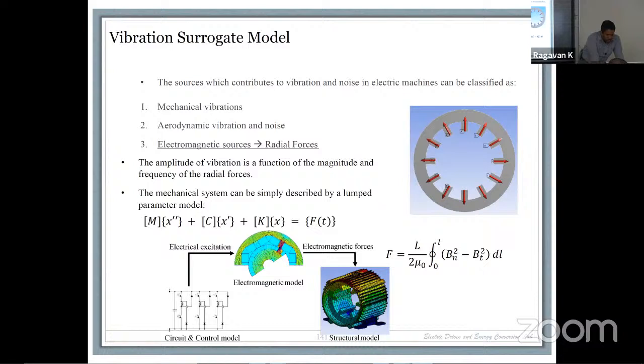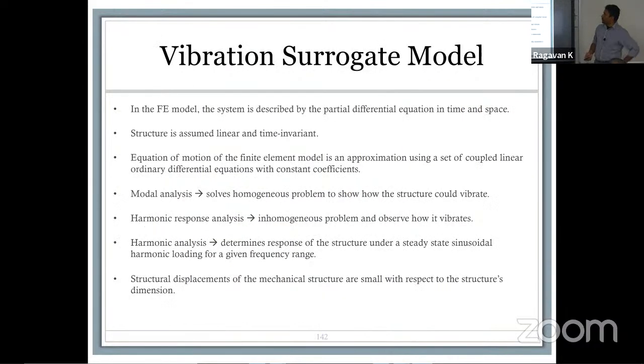Your electromagnetic force waves go through and excite the mechanical system. They generate vibration, and then the amplitude of vibration is a function of magnitude and frequency of these forces. So in the surrogate model idea that we're talking about, we are creating a behavioral model instead of actually using FEA. Why? Because FEA tends to be time consuming.